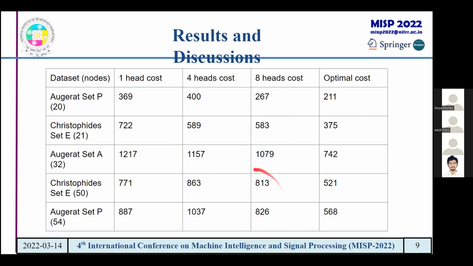The same behavior is to be expected with bigger data sets, but we could not train them to that extent. But it clearly shows the improvement over the 4 heads cost. These are the optimal values of the standard data.